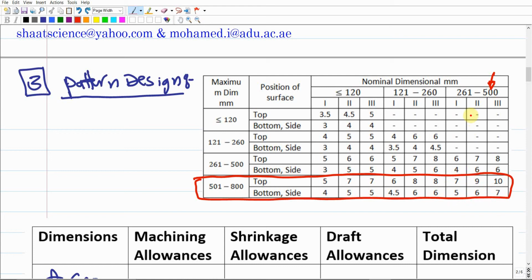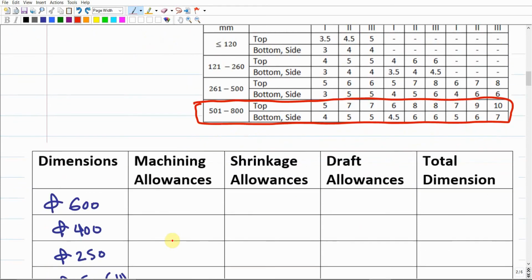In the beginning, let us assume that we're gonna do deep machining with third grade machining to all the surfaces, as we agreed. So we're gonna pick one of these two numbers or both for the dimension 600, depending on whether the 600 connects top surface, bottom surface, or the side surface. In case it connects the top surface, the top surface is gonna take 10 millimeter machining allowance, but the bottom or the side surface is gonna take the 7 millimeter machining allowance.